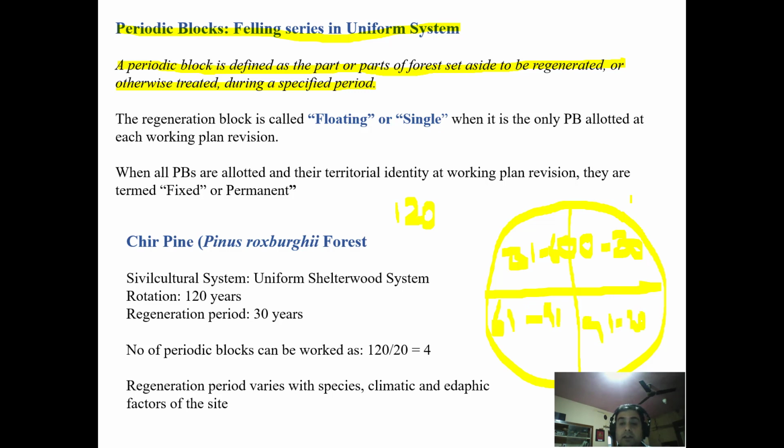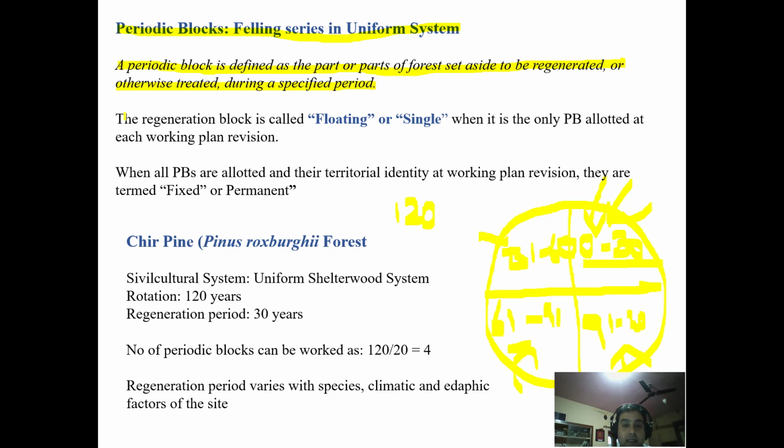So in the first quarter, the first 30 years, which is the establishment period or regeneration period, we may carry out felling in this periodic block. Then after a period of 30 years, we may fell this one, then this one, and then this one. Now after we fell the 0 to 30 block, by that time the periodic block which was felled, 91 to 120, might have again reached maturity after felling.